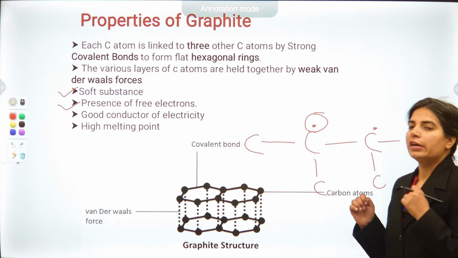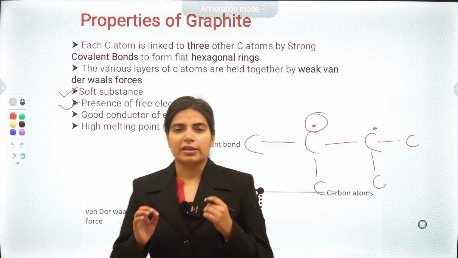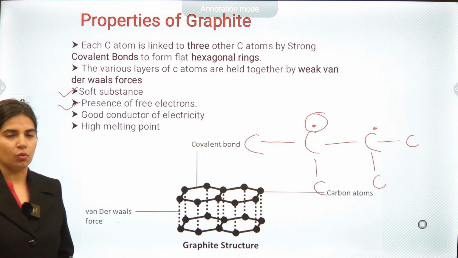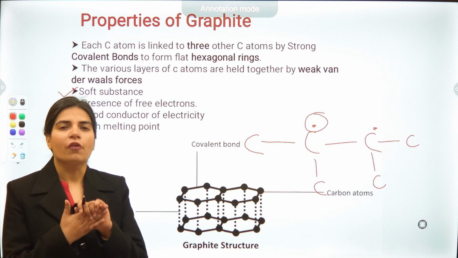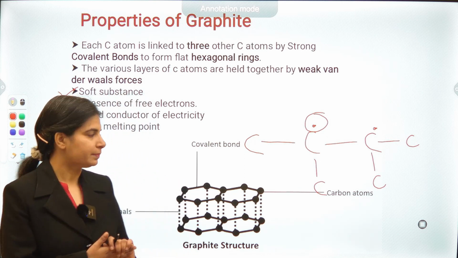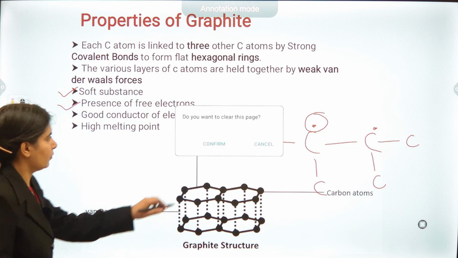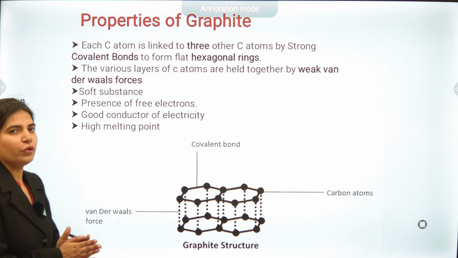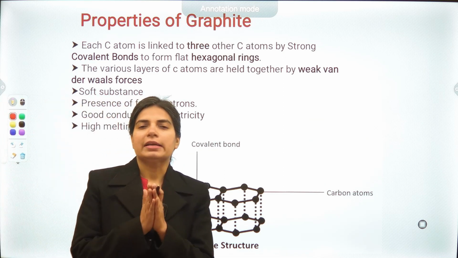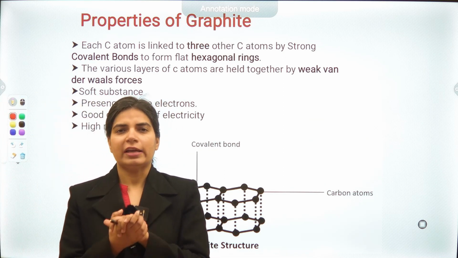So in graphite, each carbon has 1 free electron, responsible for the conduction of electricity. So we can say that graphite is a good conductor of electricity.